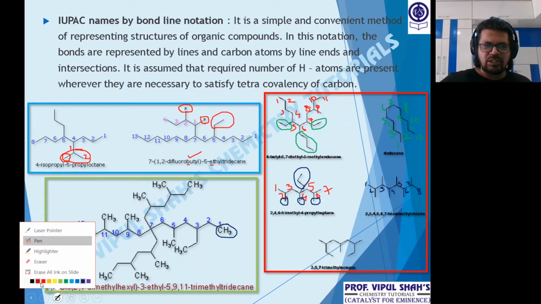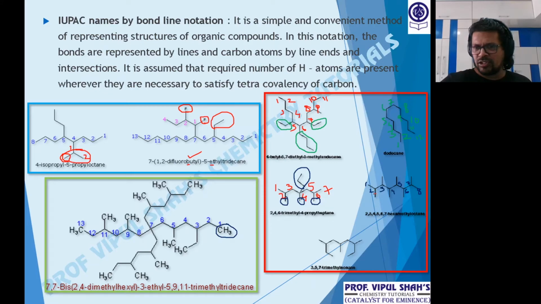If you observe, one branch is at 2, which is methyl, at 3 methyl, then I have 4 methyl, 5, 6 and 7. Okay, so total how many branches? 6 branches. 6, 2 times di, tri, tetra, 6 hexa with all numbers. So it's 2, 3, 4, 5, 6, 7 hexamethyl, skeleton of 8, octane.